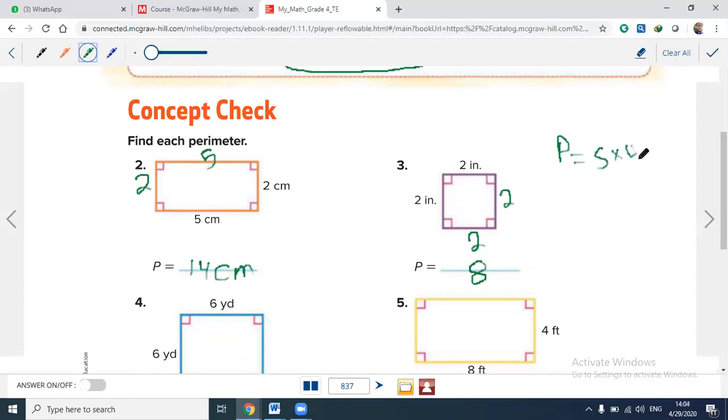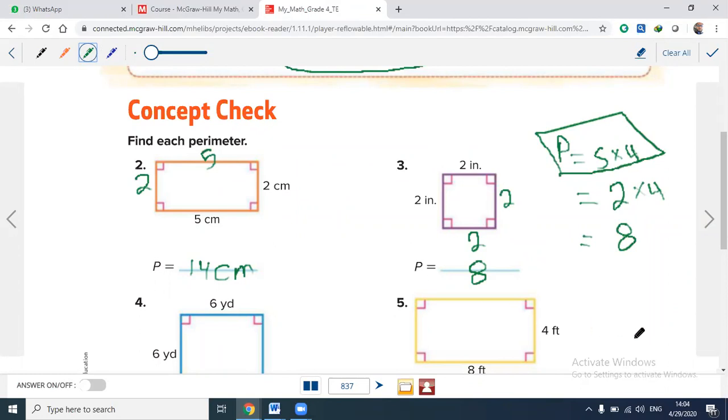So I can rewrite it like this: the side length of this square is 2 times 4, the number of sides, with the same result, the answer is 8. As you like, you can use a formula or find the total distance around by adding all side lengths.